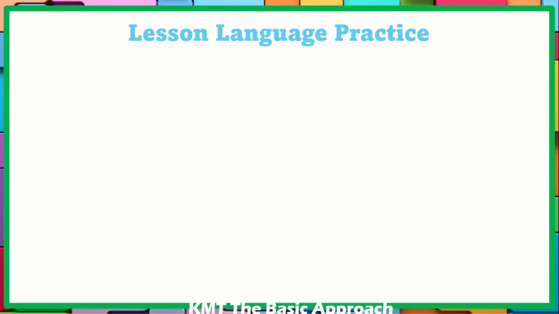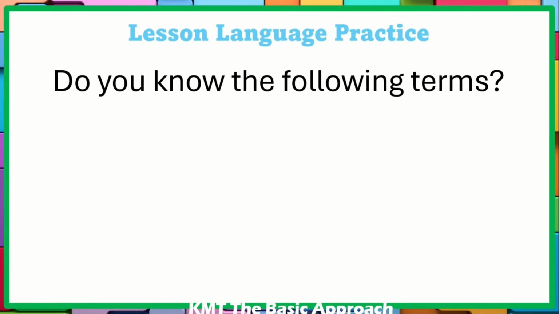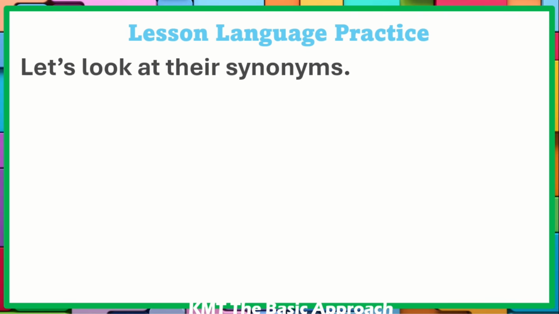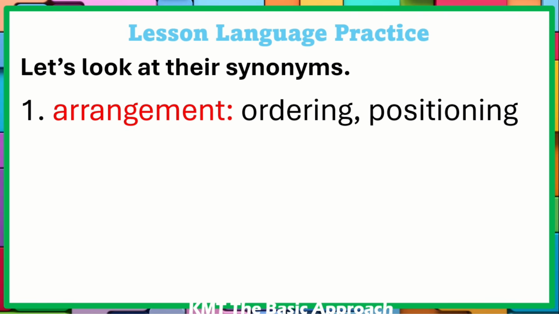Lesson language practice. Do you know the following terms? Number 1, arrangement. Number 2, proficiencies. Number 3, attain. Number 4, scientific. Let's look at their synonyms. Number 1, arrangement.